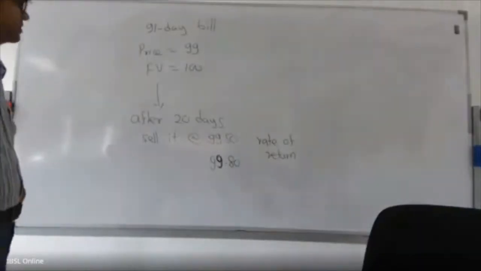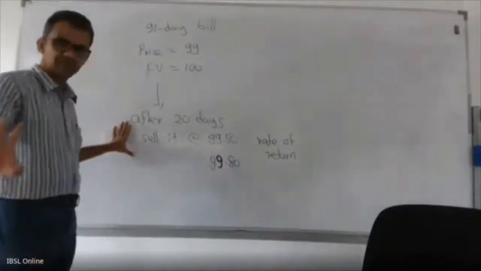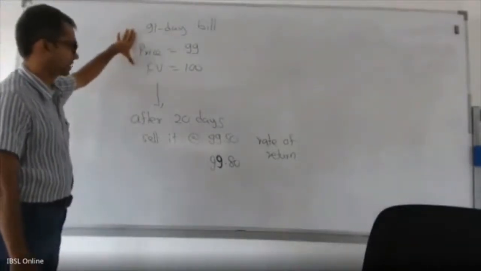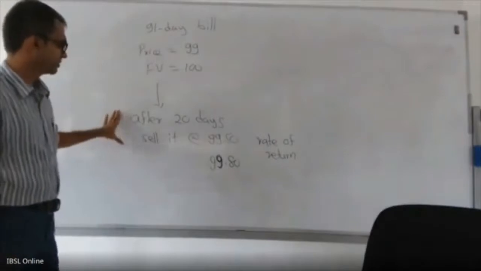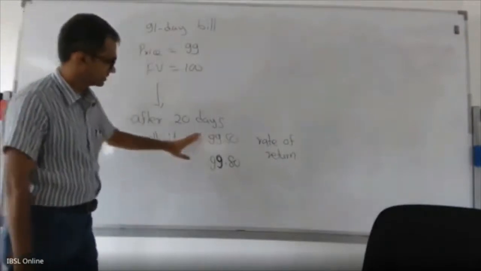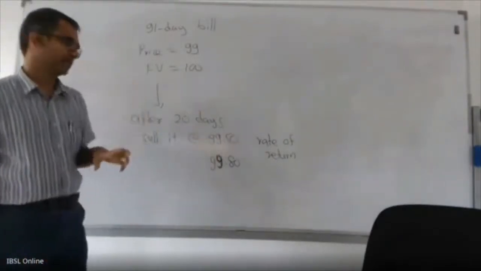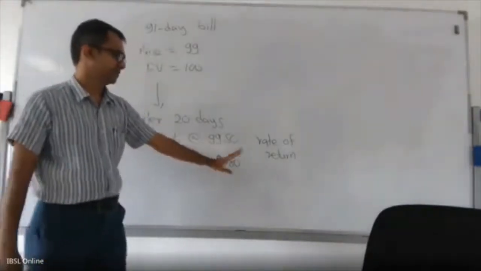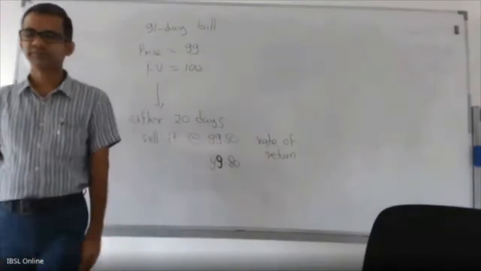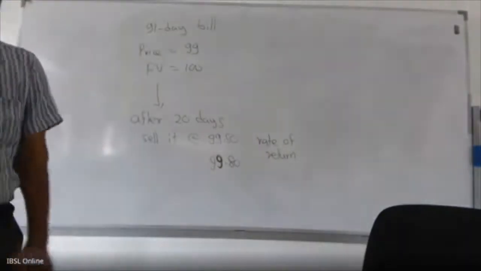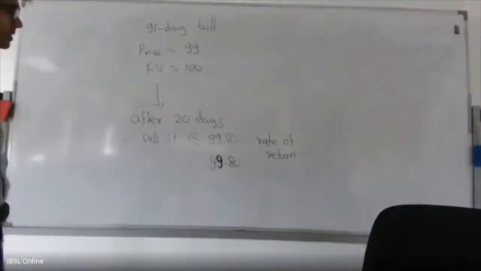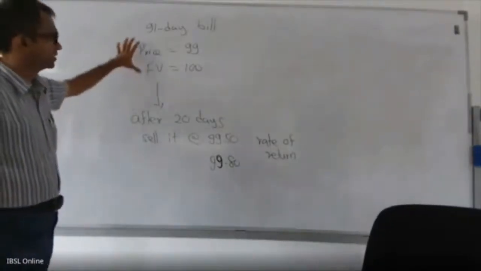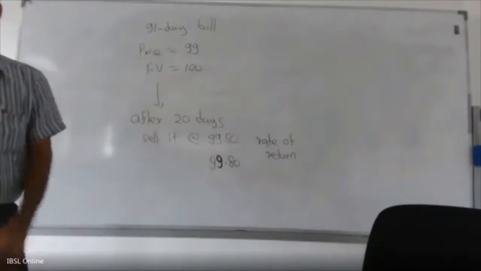So we'll do this after the break, but during the break you can try it. Initially it was issued at this price, but after 20 days it was sold at 99.50, scenario 1. In scenario 2 it's at 99.80. What is the rate of return in these two scenarios for the investor who bought it from the primary auction?